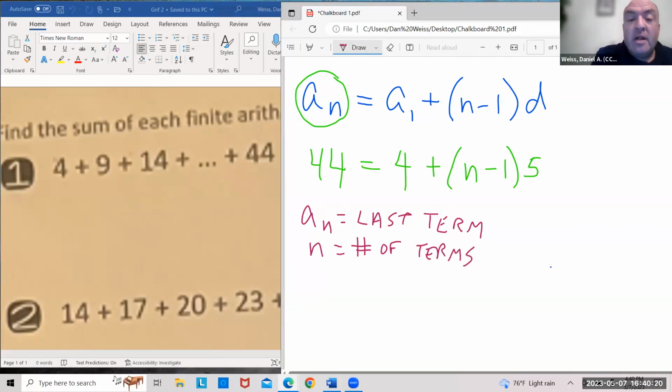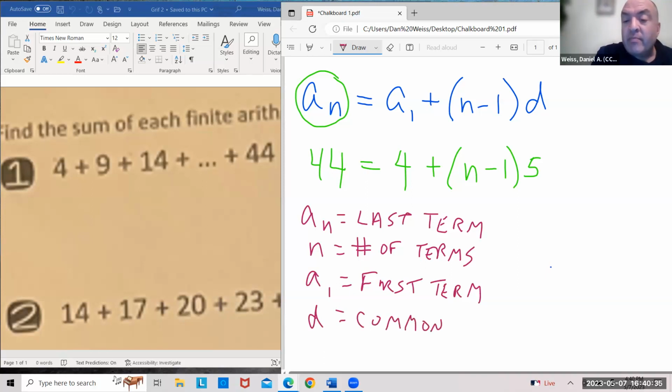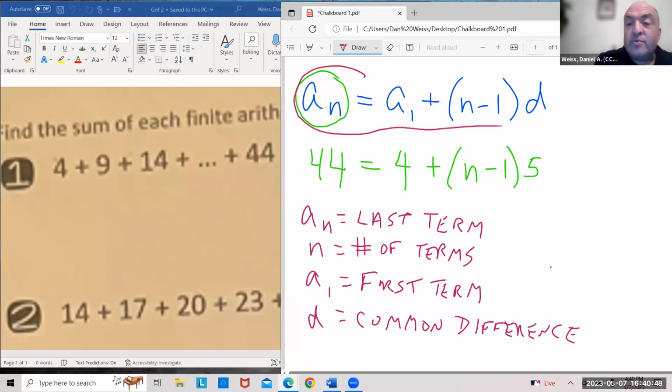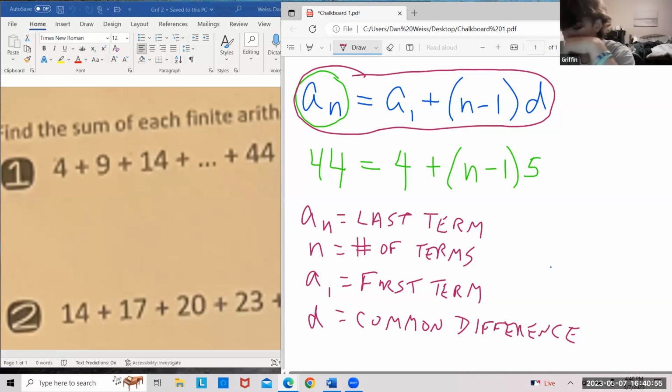A1 is the first term. And D is the common difference. So you need all of that information, including this formula here, which we're going to use in these first 2 problems.